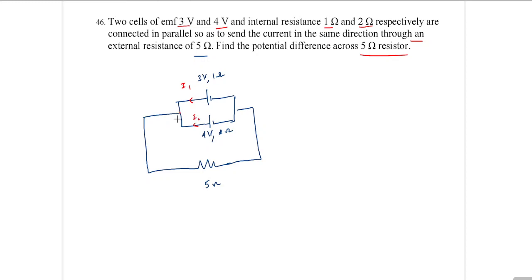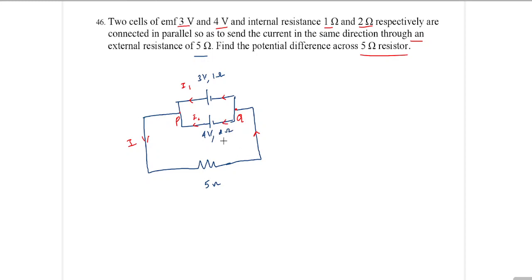At this point let us call point P, the current joins, let us call that I. So current I flows through the resistor of 5 ohm, and at point Q it enters, finds two branches out of which a part goes to I1 and a part goes to I2.